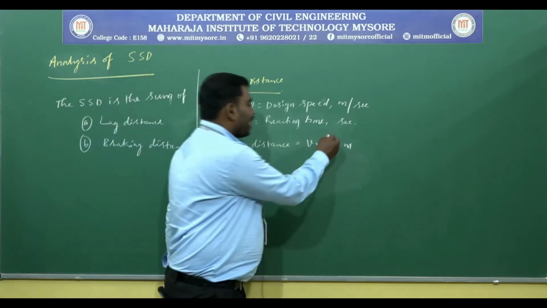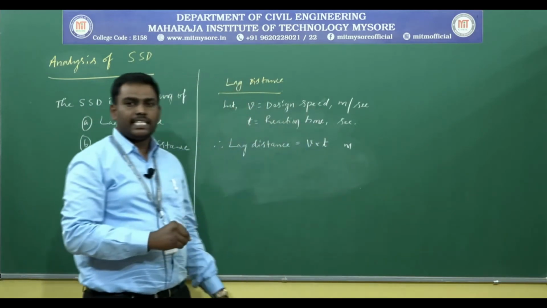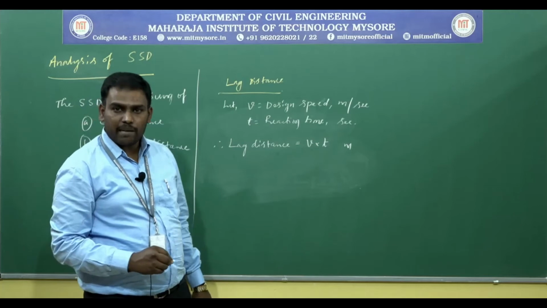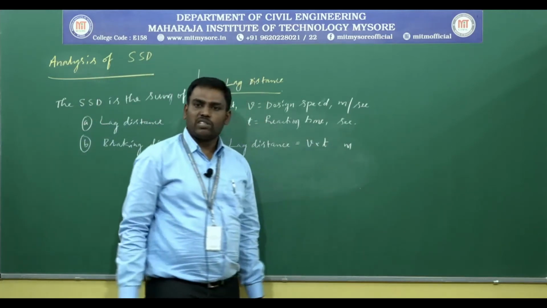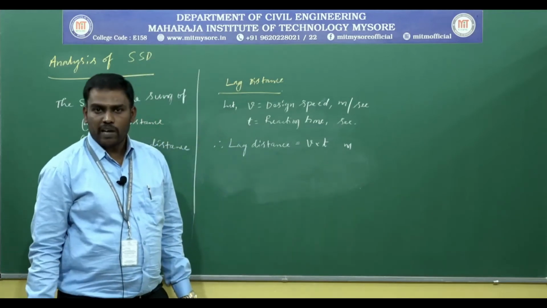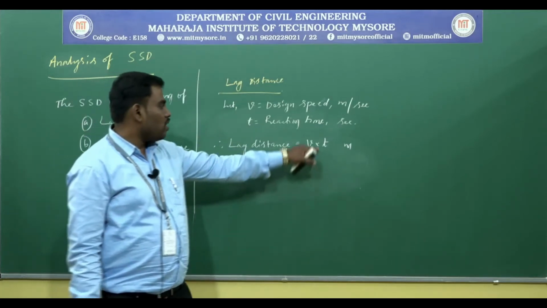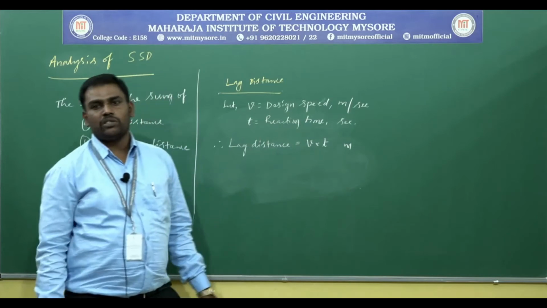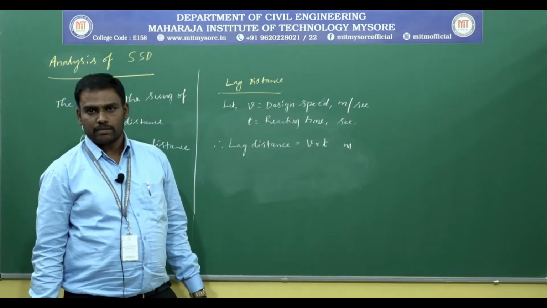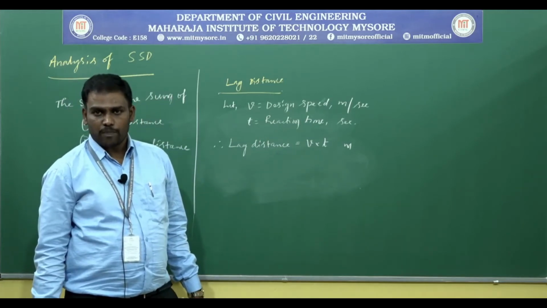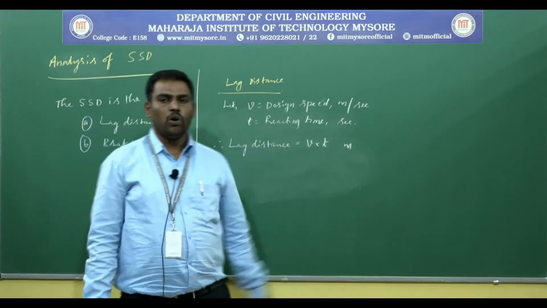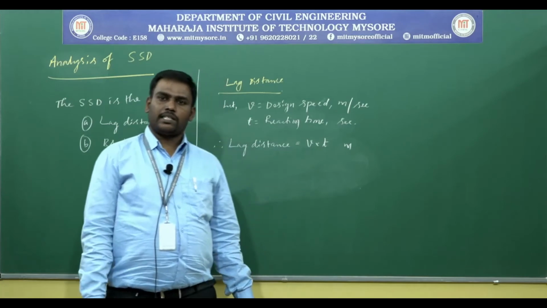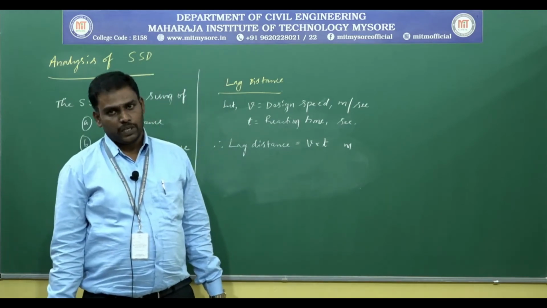And for the calculation of stopping sight distance, the IRC has recommended the value of reaction time of the driver as 2.5 seconds. Then the lag distance is equal to v into t.